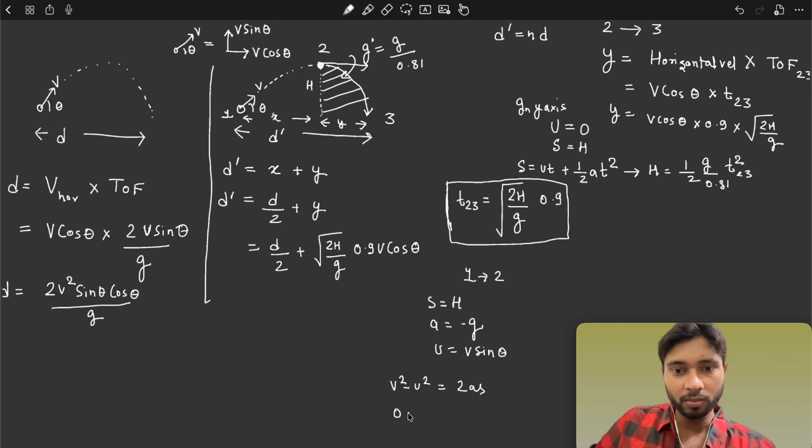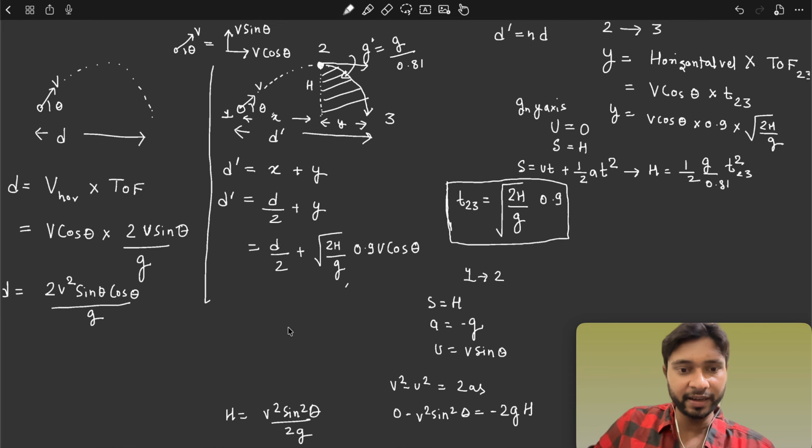So 0 minus u square, which is v square sin square theta, equals minus 2g h. So we can write h as v square sin square theta by 2g. This is the value of h.